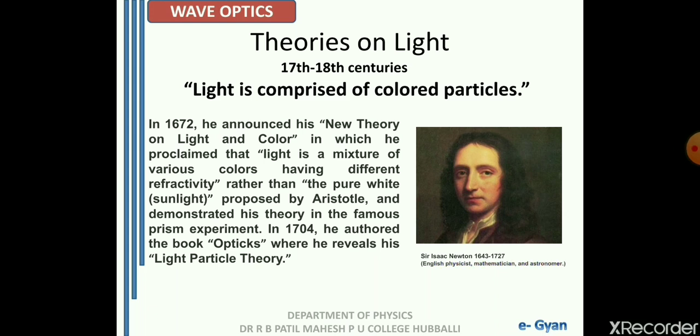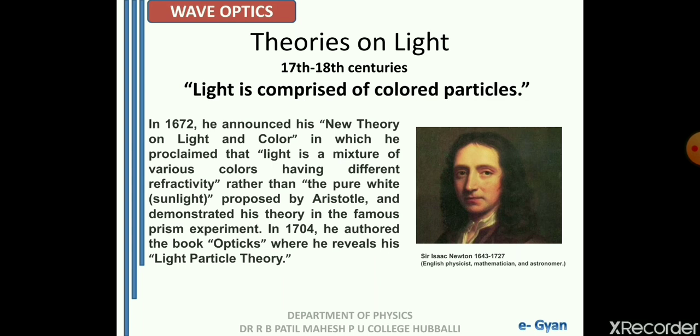In 1672, he announced in his new theory of light and color that light is a mixture of various colors having different refractivity, rather than pure white light as proposed by Aristotle, and demonstrated his theory in the famous book called Optics under the title Light Particle Theory. To show his theory, he used a working model where he made white light pass through a prism, and the prism produced the colored ones.